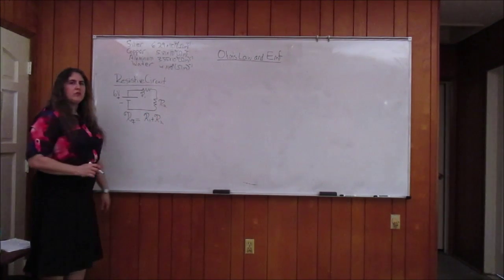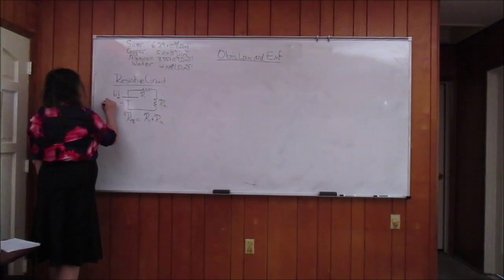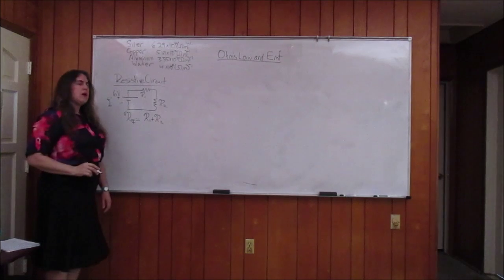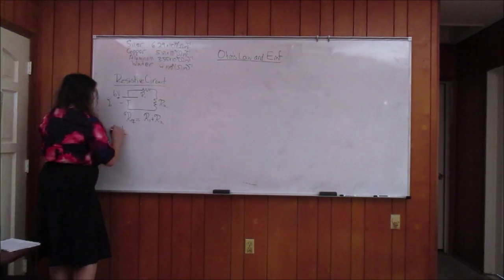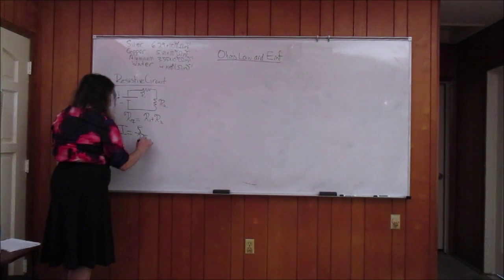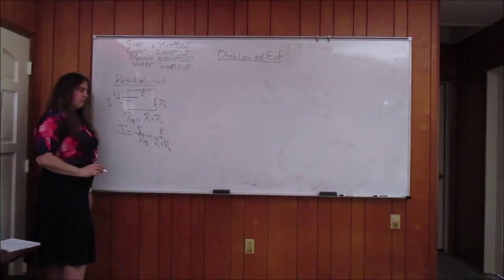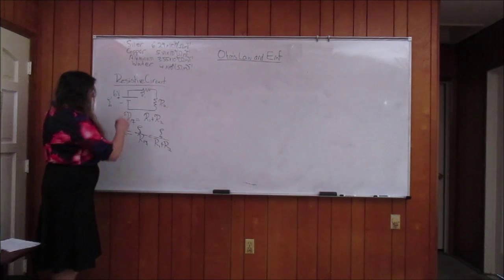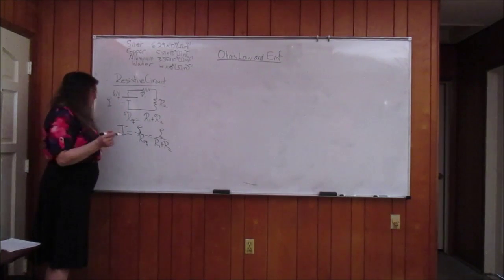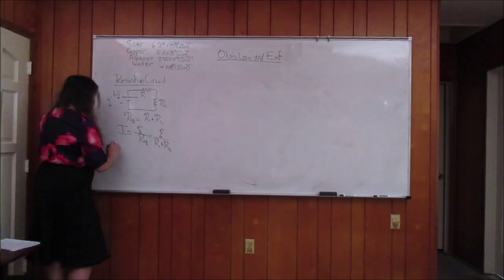And typically you want to figure out such things as what current's drawn, and we'll just leave the battery voltage, generally speaking, as EMF. So the current that's drawn is equal to the EMF provided by the battery divided by the equivalent resistance of the circuit, or EMF over R1 plus R2. And the current that flows through R1 is the same as the current that flows through R2. However, the potential differences are different.